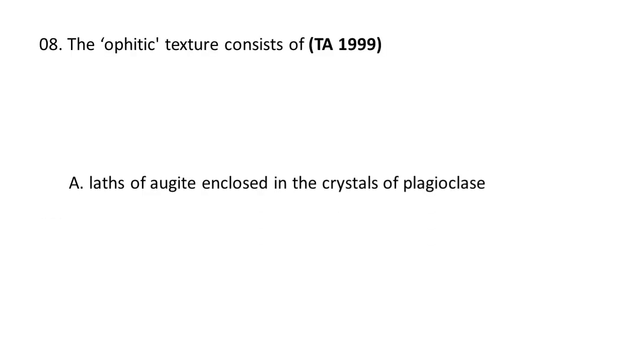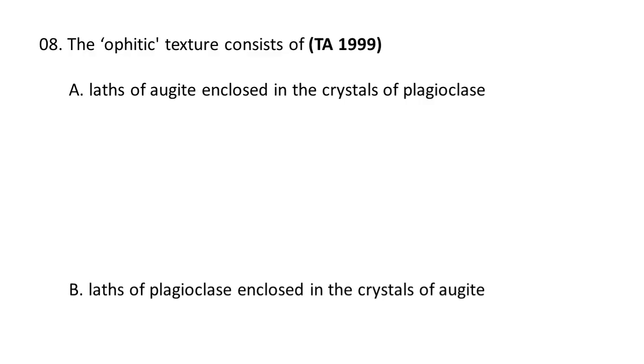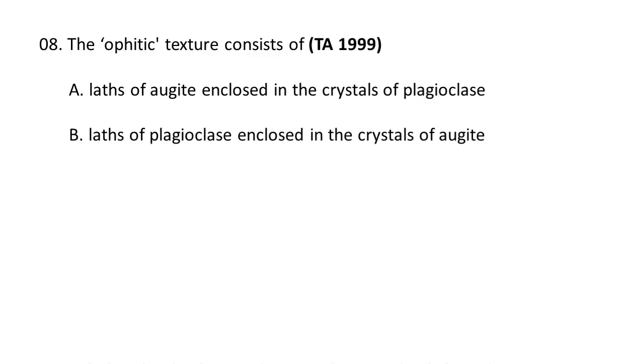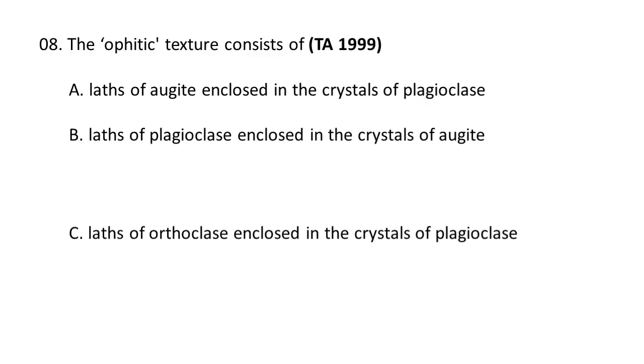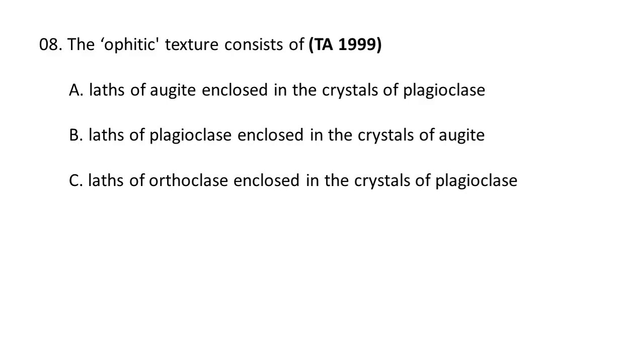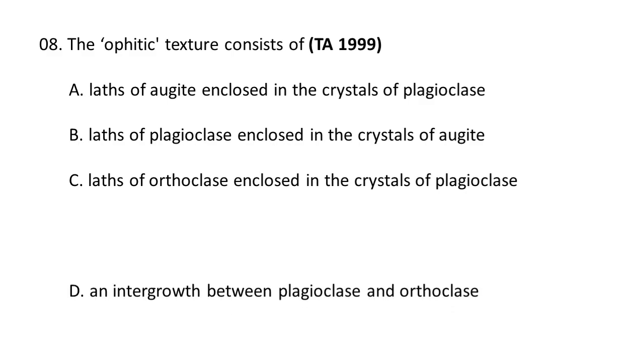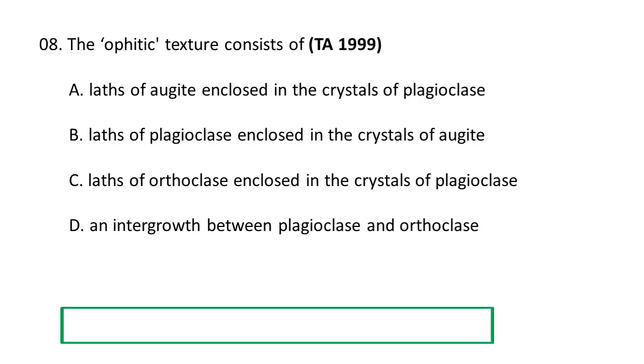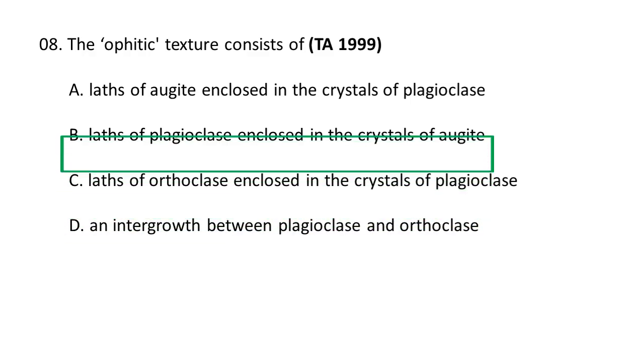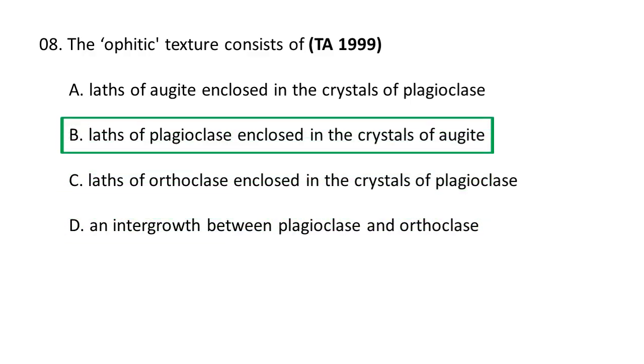Next question. The ophitic texture consists of A. Laths of augite enclosed in the crystals of plagioclase, B. Laths of plagioclase enclosed in the crystals of augite, C. Laths of orthoclase enclosed in the crystals of plagioclase and D. An intergrowth between plagioclase and orthoclase. So the correct option is B. Laths of plagioclase enclosed in the crystals of augite.